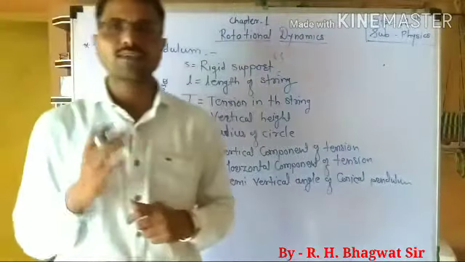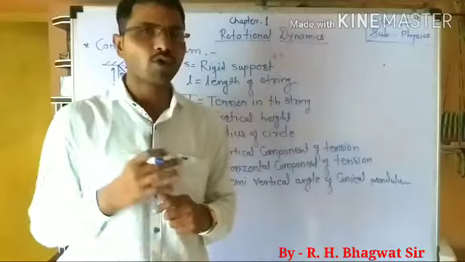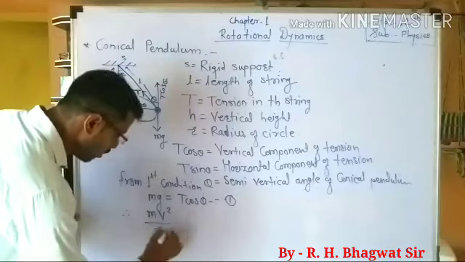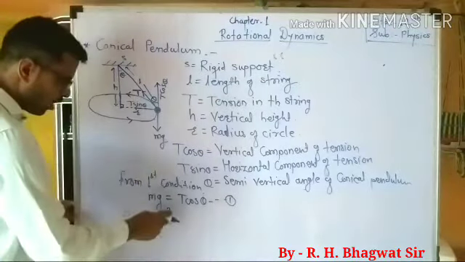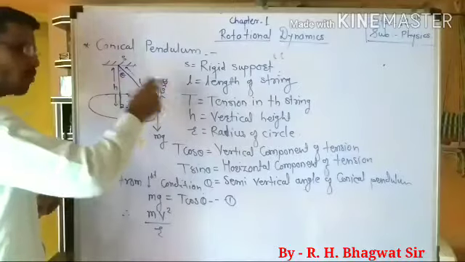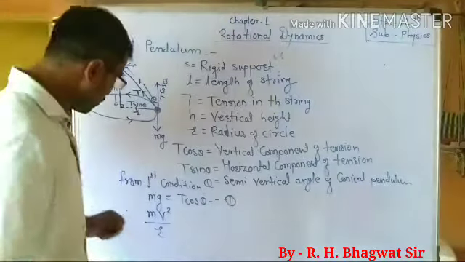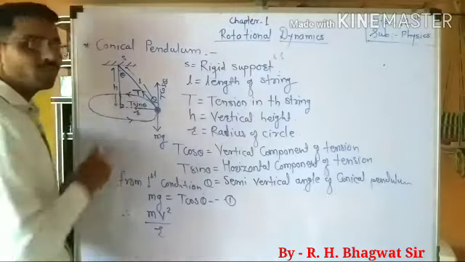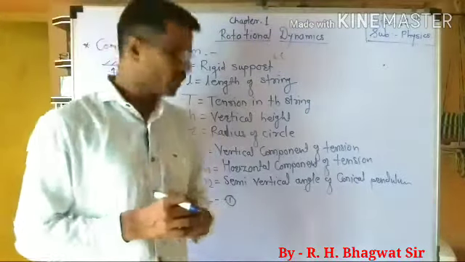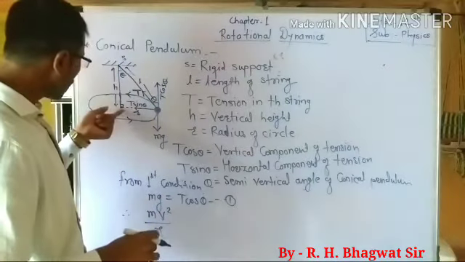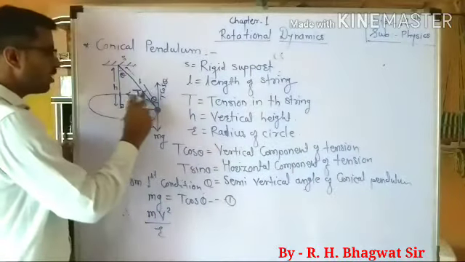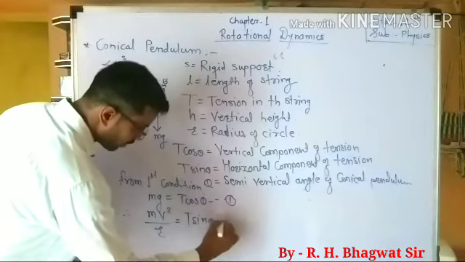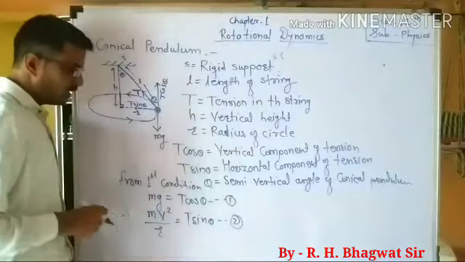The centripetal force is given by mv square upon r, where m is the mass of the bob, v is the velocity with which the bob performs the circular motion, and r is the radius of the circle along which the bob performs circular motion. That centripetal force directed toward the center is provided by the horizontal component T sin theta. Equation number one and equation number two.